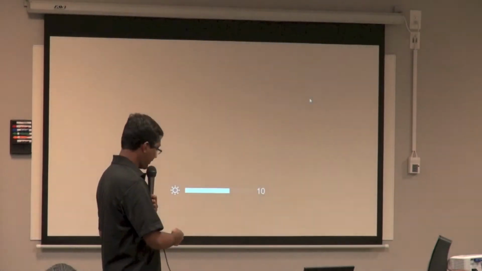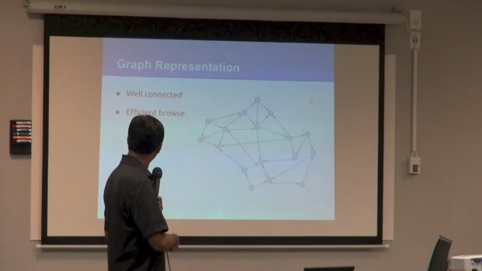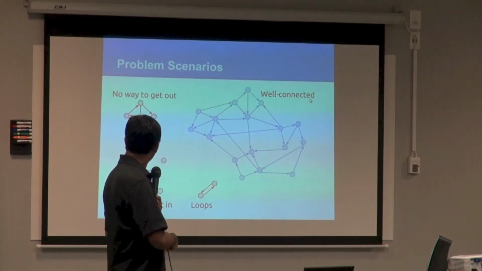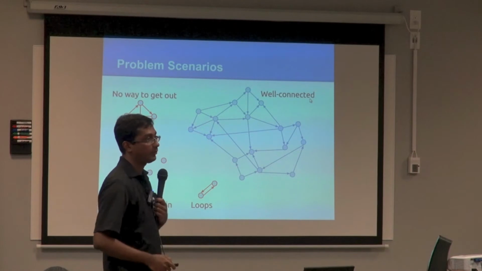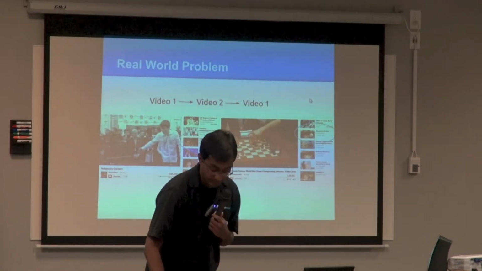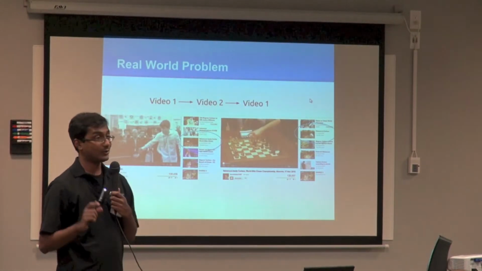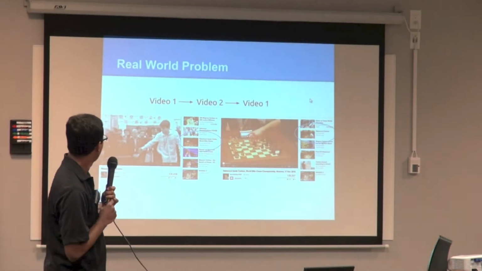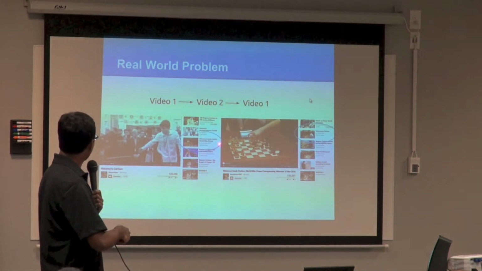And the last one I want to talk about is loops. Video 1 points to video 2, video 2 points back to video 1. It's a very usual, very real world scenario. And this is just me trying this on the first attempt to prepare slides. I watched a video, and that recommended me a second video.